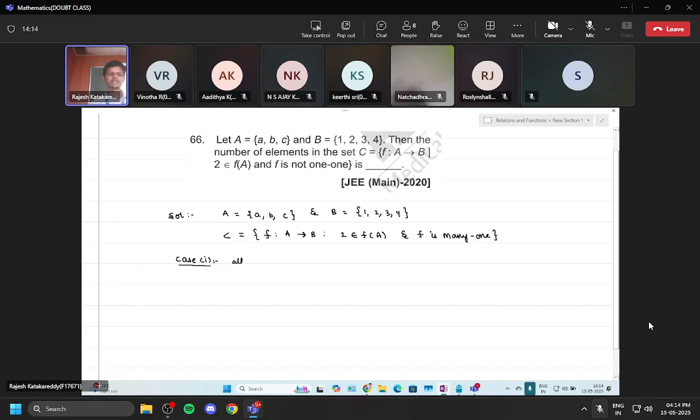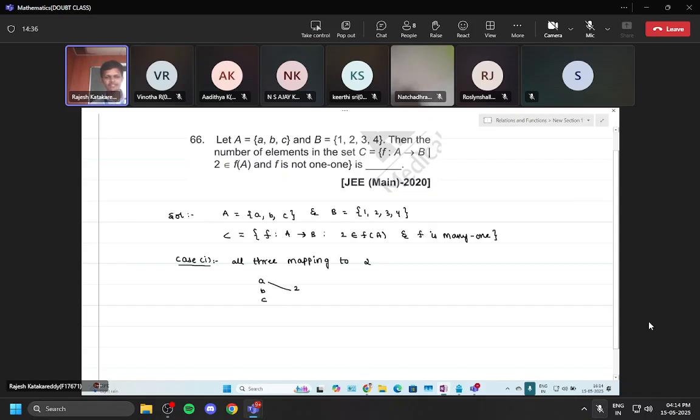So all three mapping to output 2. So what is happening? A, B, C, everything is having same output, that is 2.